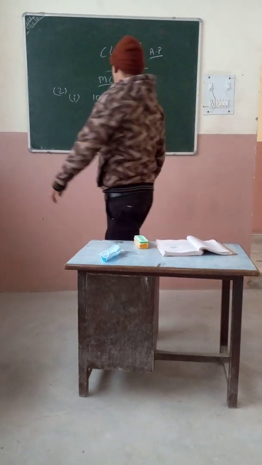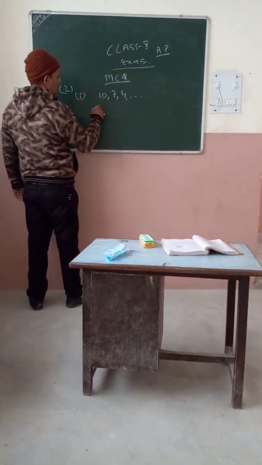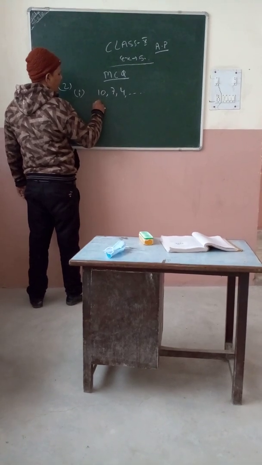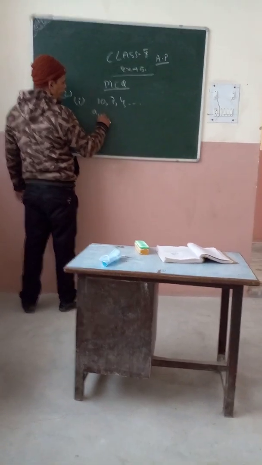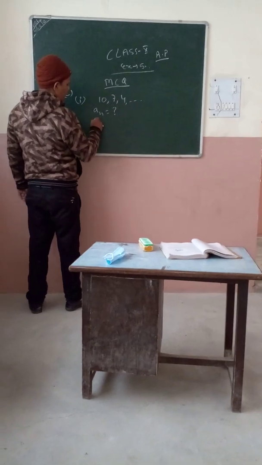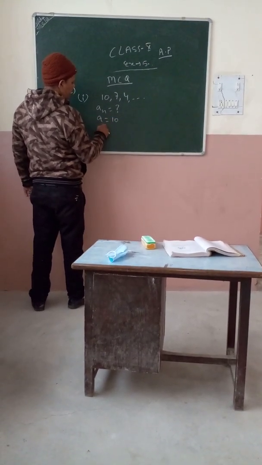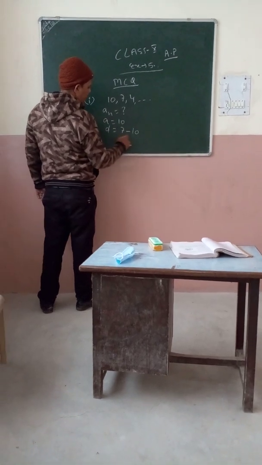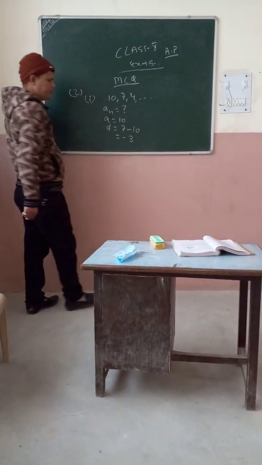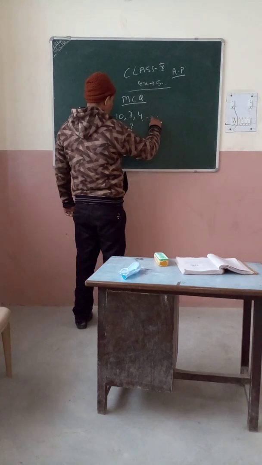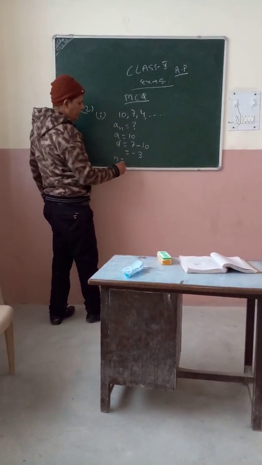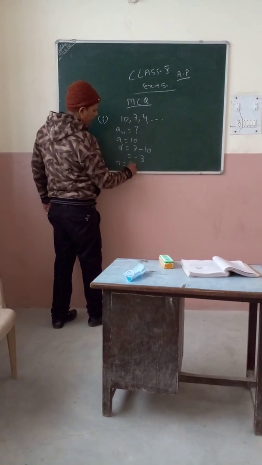So we have to find an, where A equal to 10, D equal to 7 minus 10 equal to minus 3, and n equal to 30.